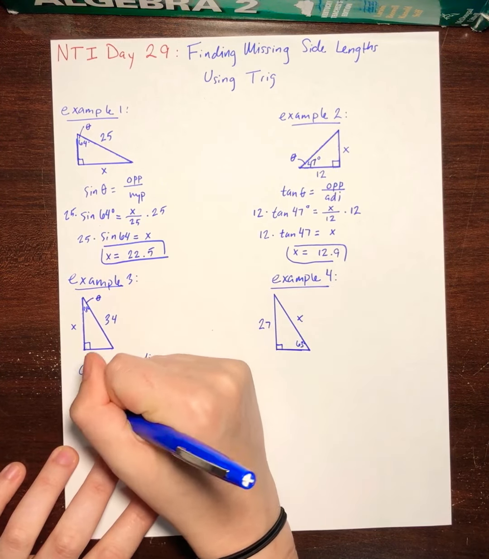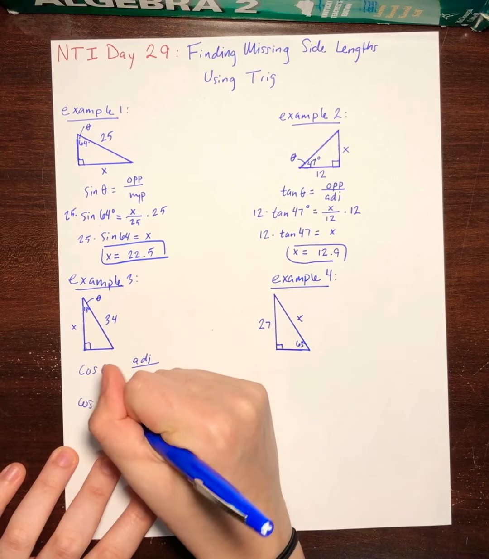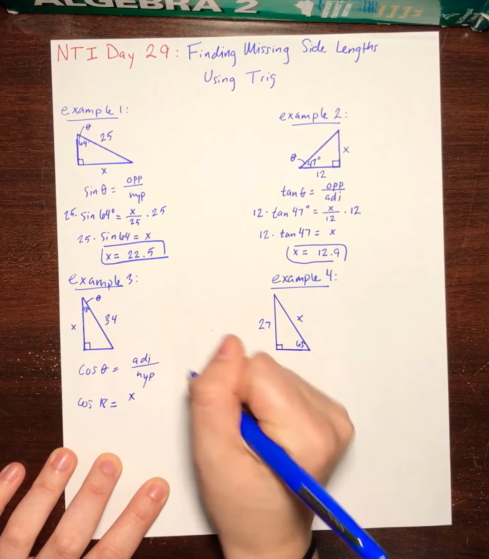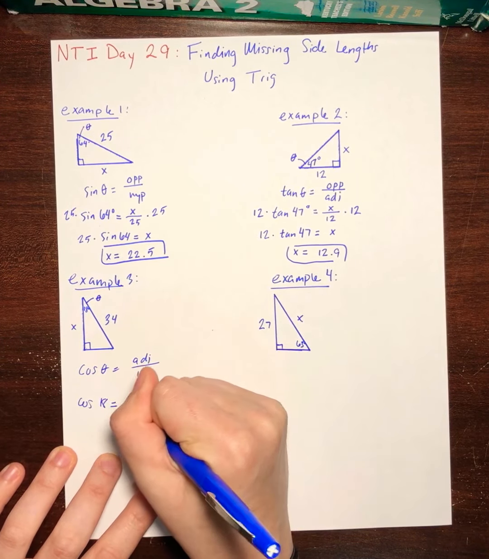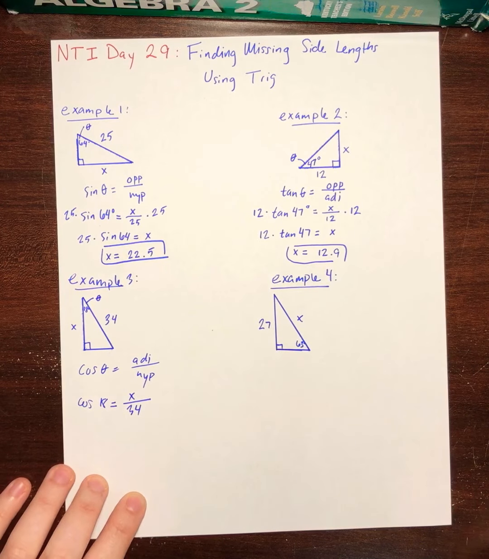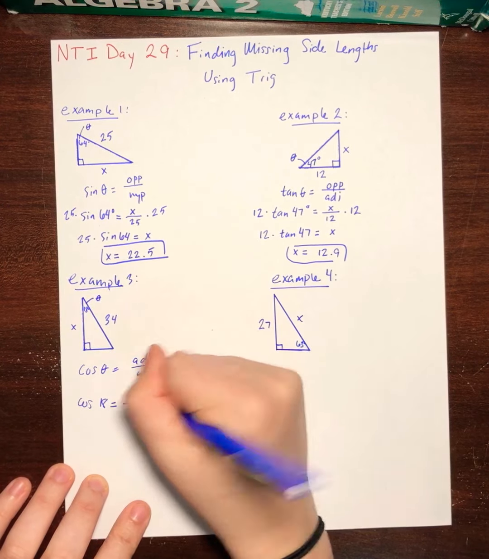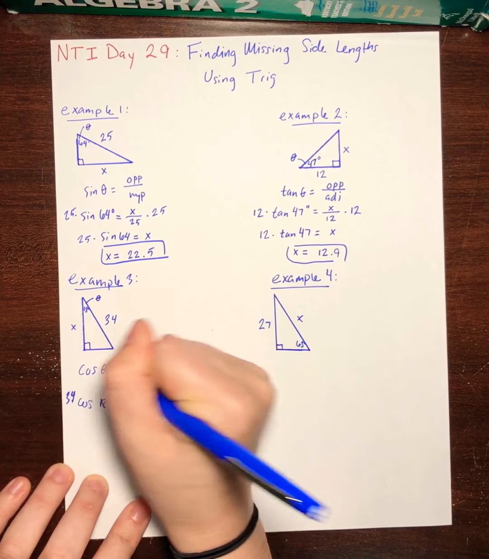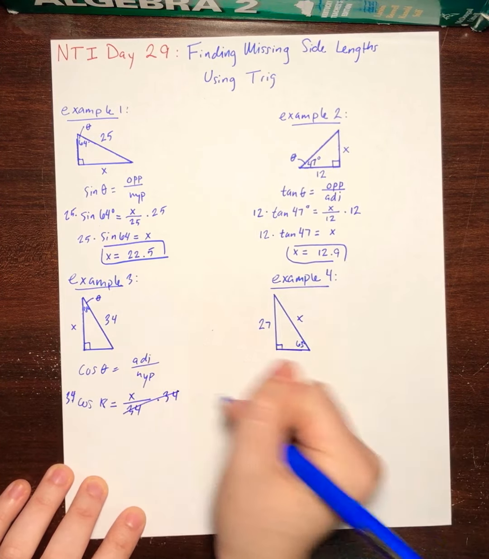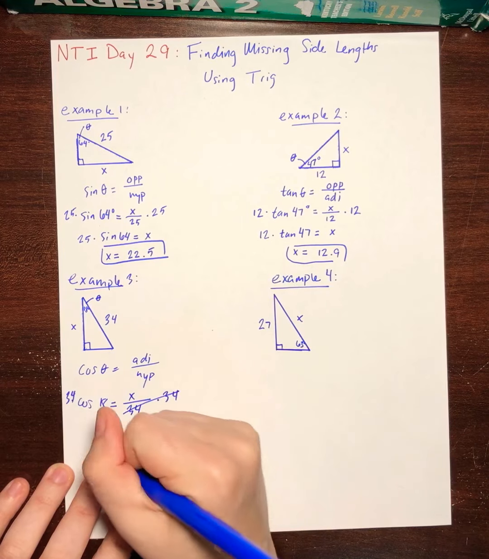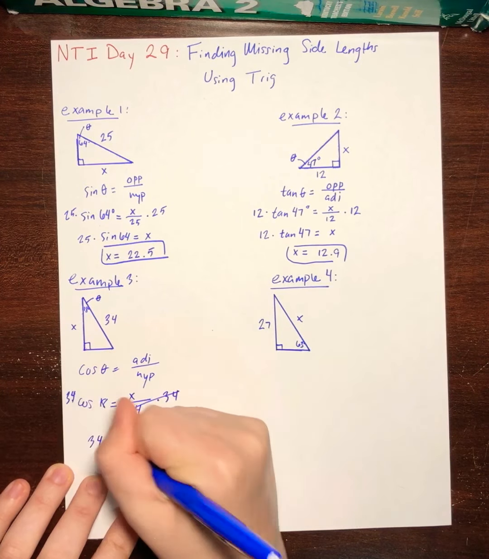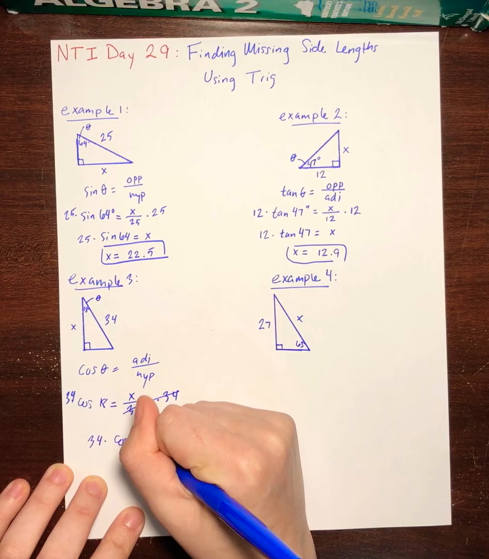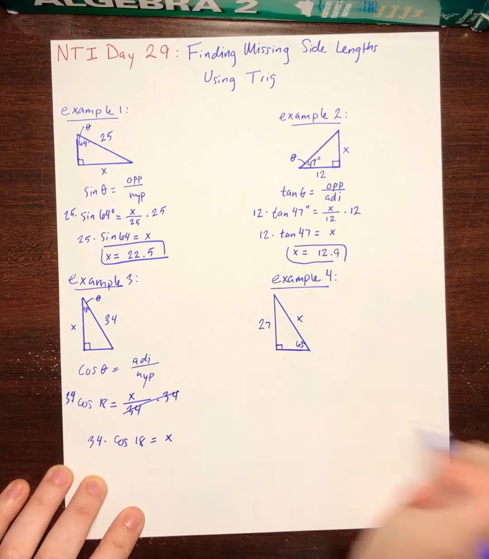So we've got cosine of 18 equals, my adjacent is x, my hypotenuse is 34. And then same thing, very similar to the other ones, multiply by 34 on both sides, because that's just going to cancel that denominator out. So we'll have 34 times cosine of 18 equals x.